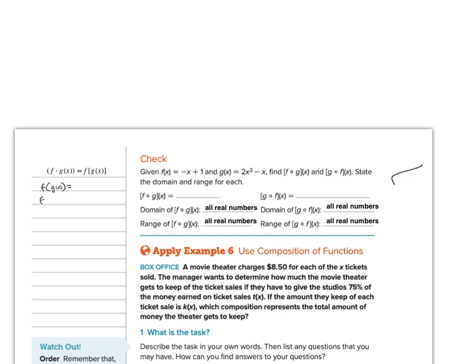So f of g of x is equal to negative 2x cubed plus x plus 1. And that would be my f of g of x.